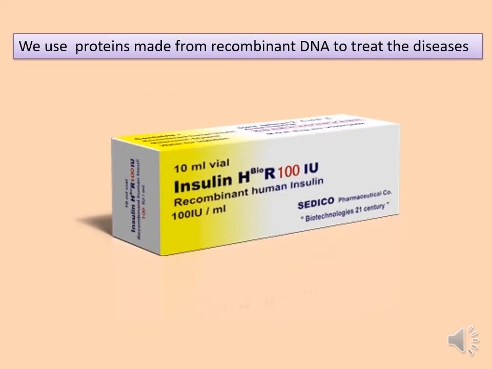And we use a lot of proteins made from recombinant DNA to treat diseases also. For example, recombinant human insulin is very frequently used to treat diabetes mellitus.